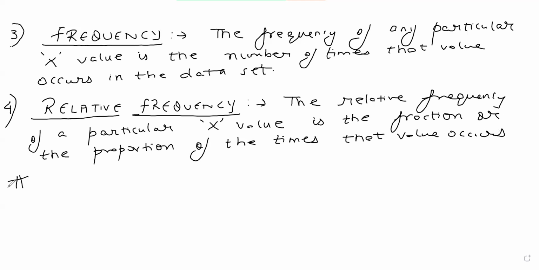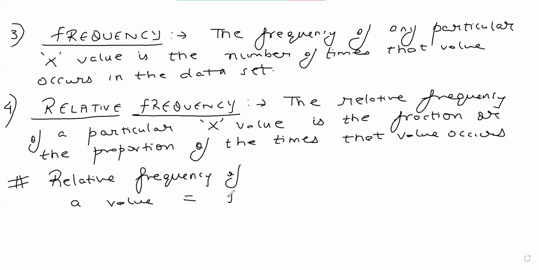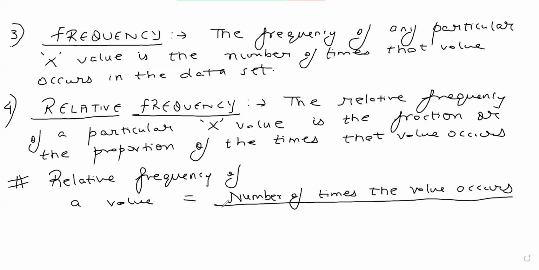So students can now write the formula. Mathematically, we can say that relative frequency of a value is equal to the number of times the value occurs divided by the number of observations in the data set.